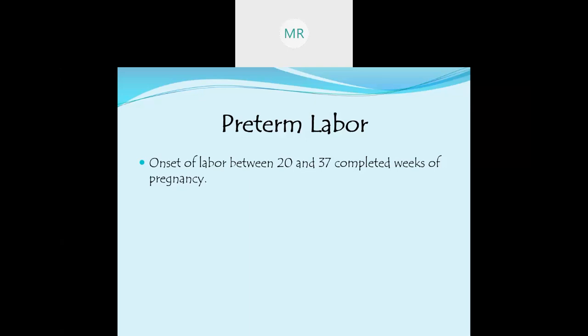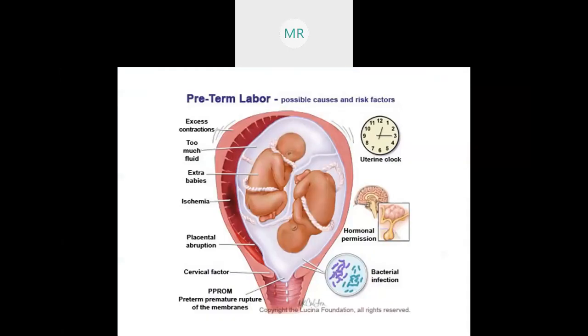Causes: sometimes it could be multiple gestation, an infection, a urinary tract infection, rupture of membranes. Due to the membranes rupturing, mom has an infection and now has caused her to go into preterm labor and have these contractions early, or an infection that mom had, like a UTI, that led her to rupture her membranes, and now she's got preterm labor.